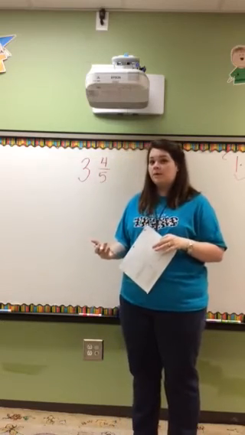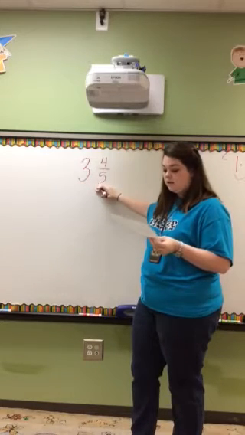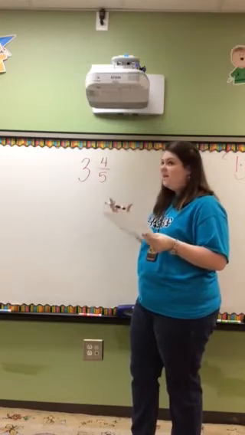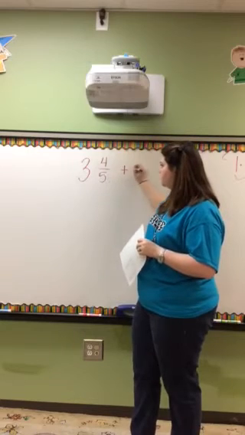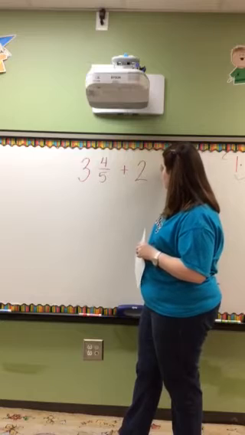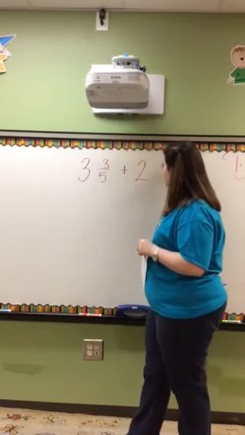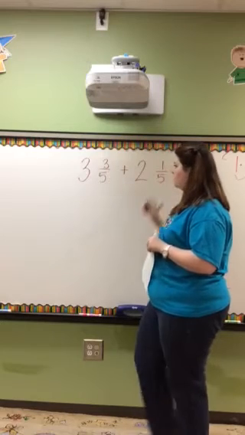That is a mixed number. I have a whole number and I have a fraction behind it. So when I'm adding mixed numbers, maybe I'm wanting to add 2 and, let me change this to a 3, and I want to add this to 1/5.